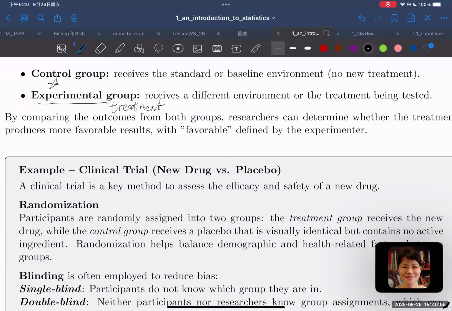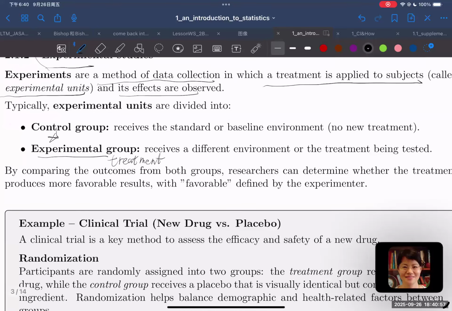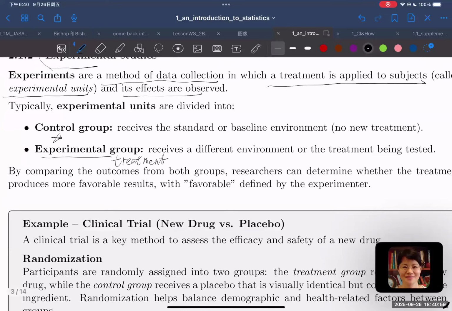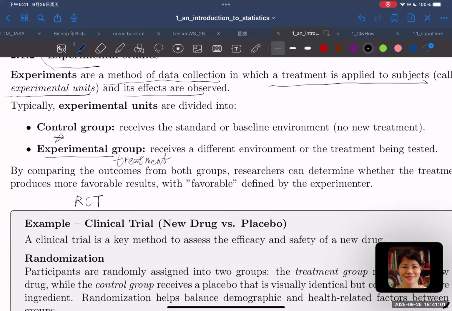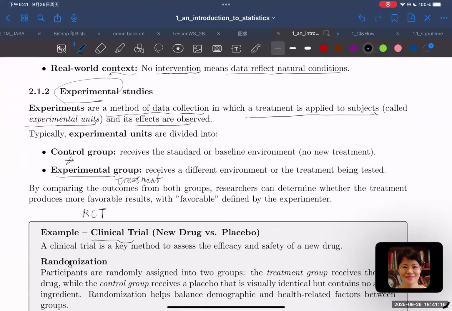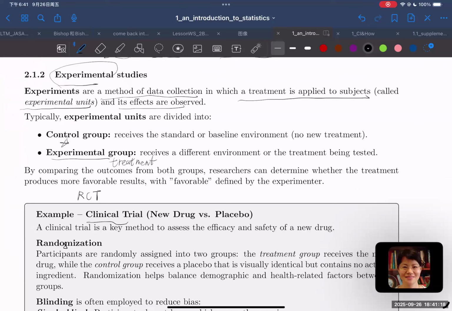Treatment and control. For such a situation, people call it an RCT, randomized clinical trial. If your data comes from a randomized clinical trial, that means your data can explain some causal relation. That's why we say the experimental study is to some extent very important.